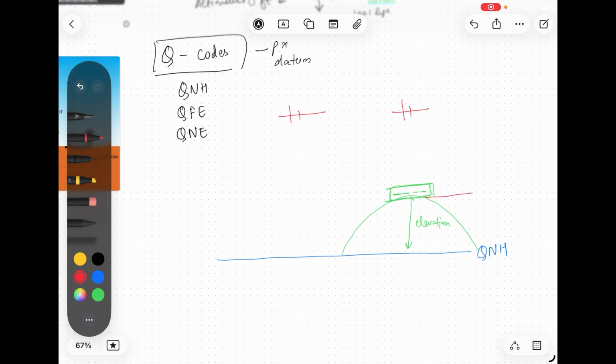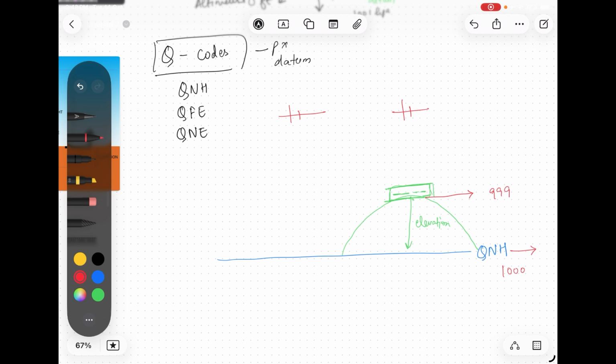Now this pressure would be different compared to this pressure because it's on an elevation. Every 30 feet you lose 1 hectopascal. For example, if the pressure here was 1000, then the pressure 30 feet higher would be 999, because every 30 feet it drops by 1 hectopascal. These are just example values.